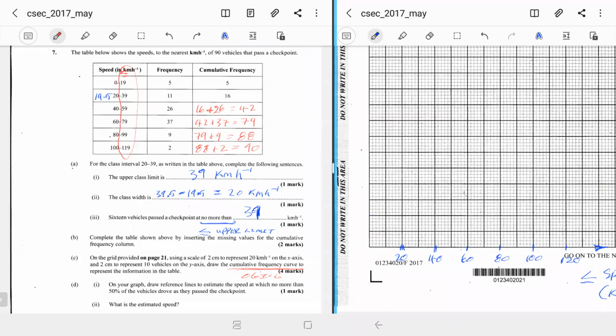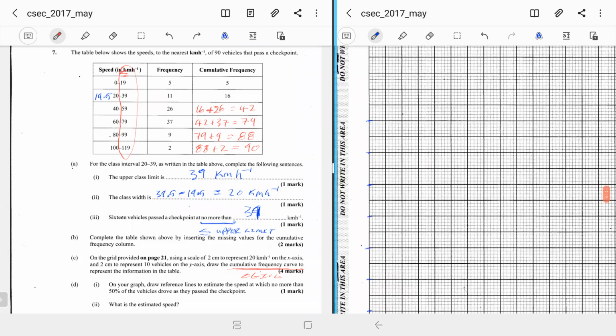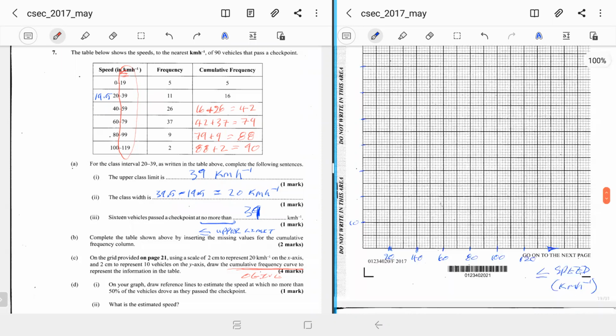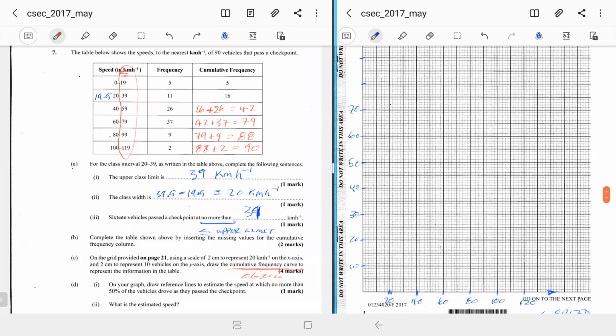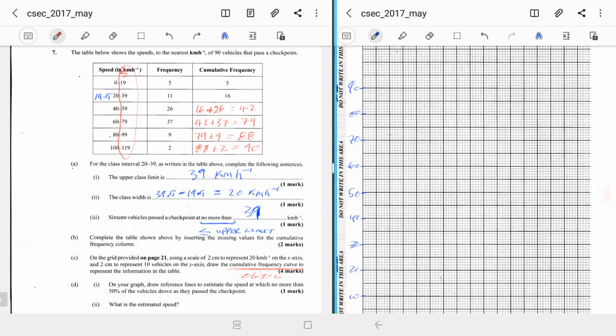So that's 10, 20, 2 centimeters to 10. 10, 20, 30, 40, 50, 60, 70, 80, 90. 10, 20, 30, 40, 50, 60, 70, 80, 90. Right? So that's my scale.